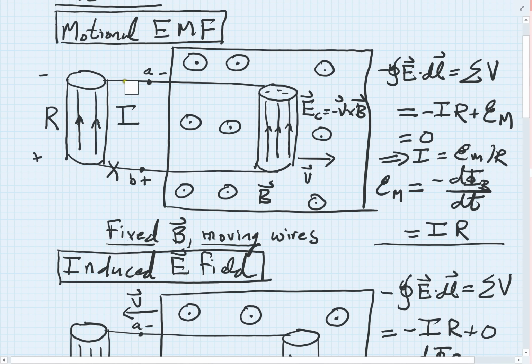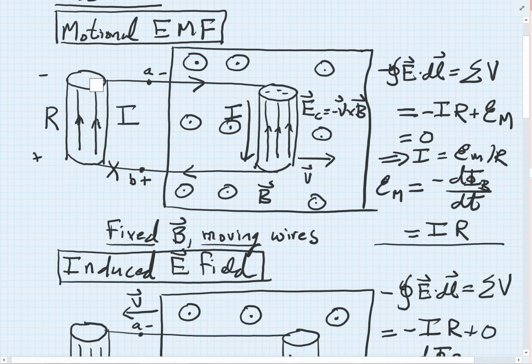And what that implies, when we go into the field, is that there is a current flowing downward through this conducting element. The current flows up through the resistor, across this wire, down through here, back through this wire, and then back up through that resistor.